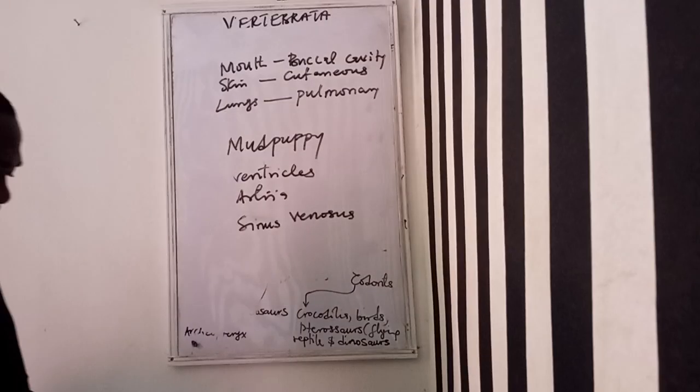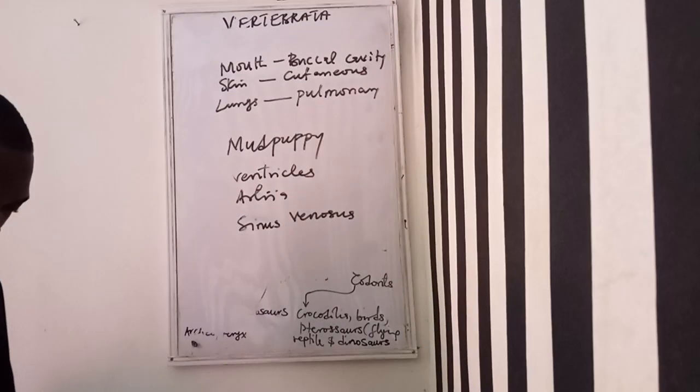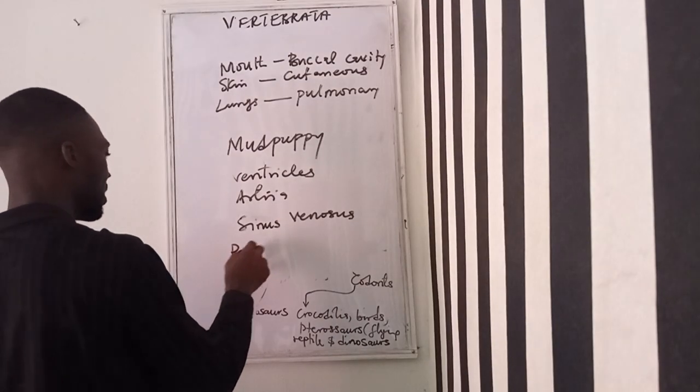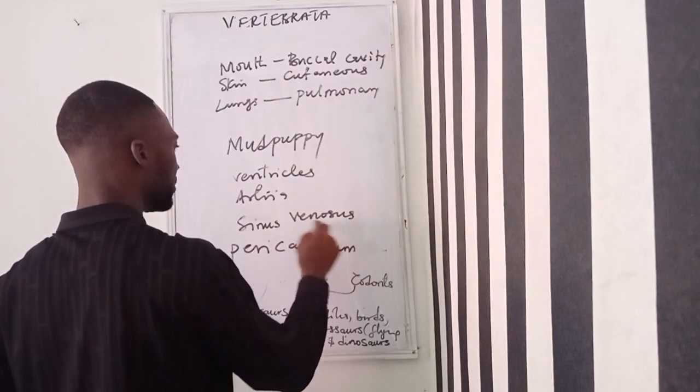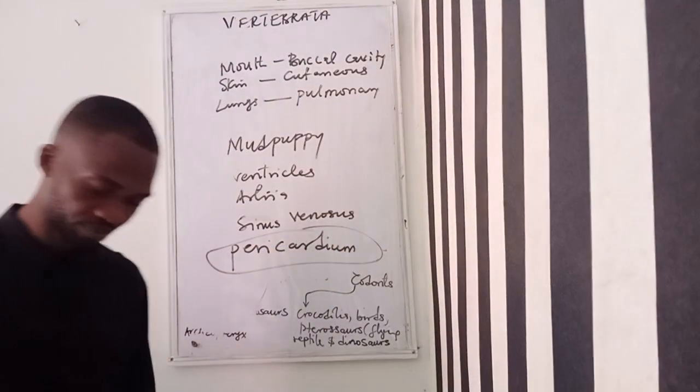So these are the parts of the three-chambered heart of amphibians, and of course the entire heart is covered by a layer called the pericardium. This pericardium is a structure that entirely covers the heart.